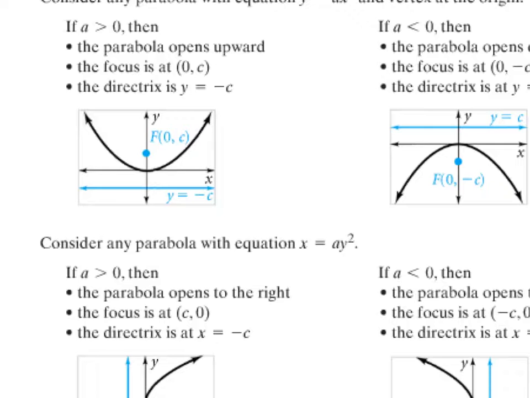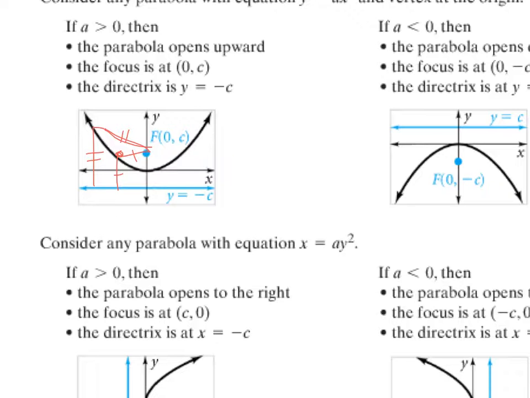If I take a point on the parabola and connect it to the focus, and the shortest distance to the directrix is perpendicular, these two distances are going to be equal. No matter where you are on the parabola, the distances are the same. That's the definition of a parabola.